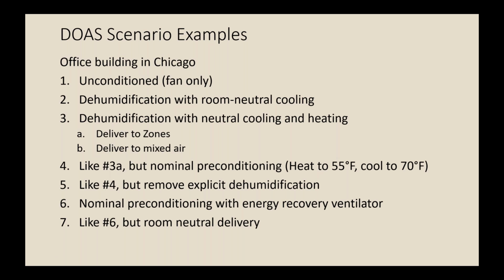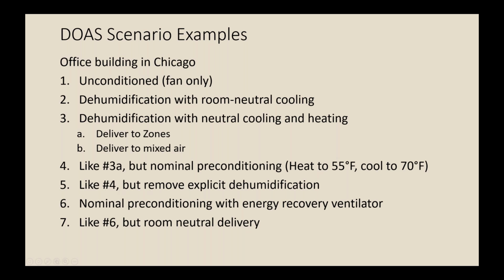Number 4 is a modification of 3A, but we're preconditioning the air differently. Room neutral is what would be comfortable for an occupant, whereas in this case, it's preconditioning to what an air handler might deliver, 55 to 70 degree air.